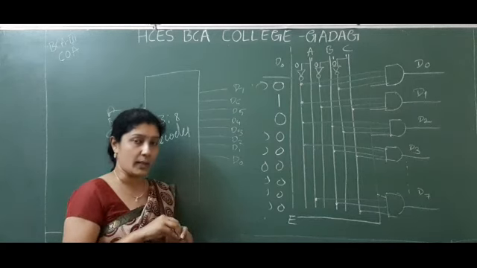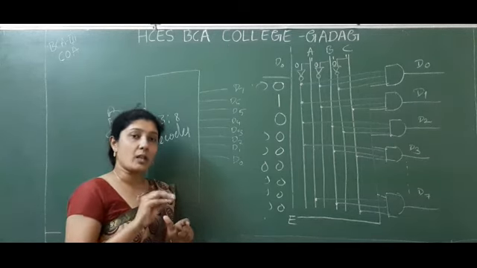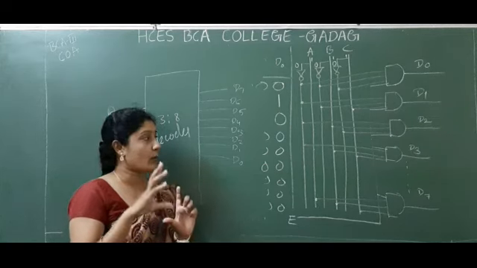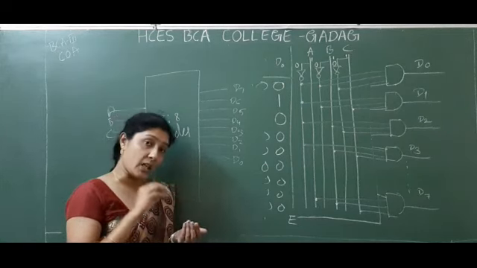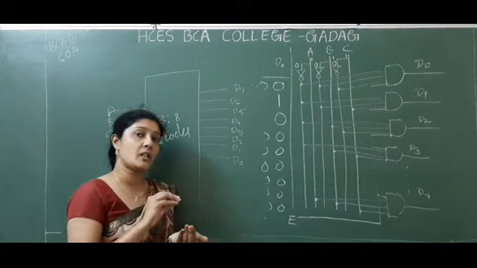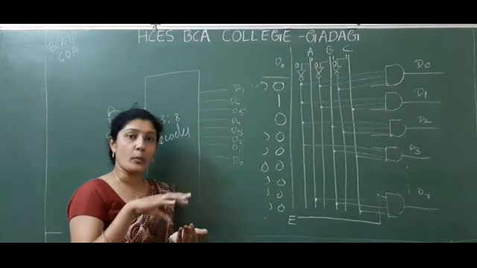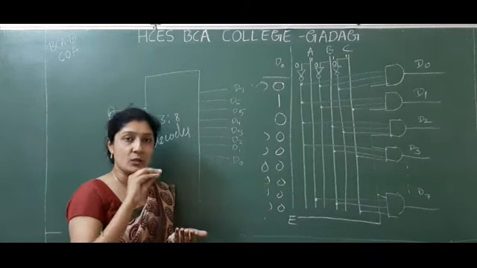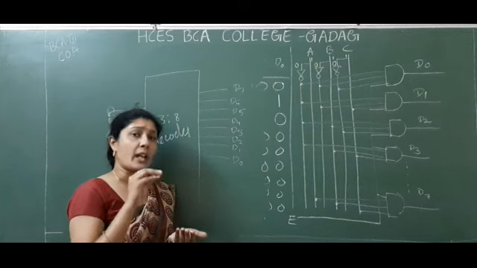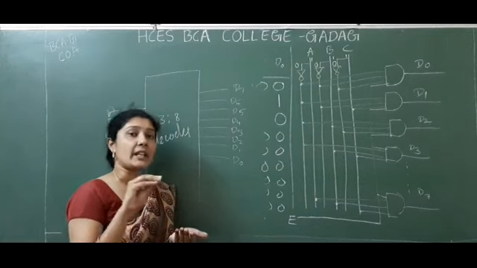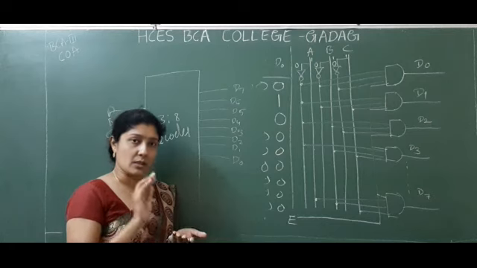When enable is 0, then the whole device will be switched off. So when enable is 0, whatever may be the input combination, the device doesn't work. And when enable is 0, you won't get any output. So this is about the operation.